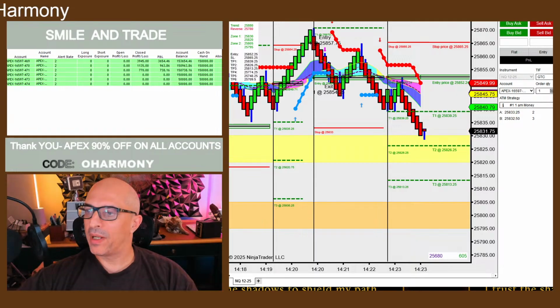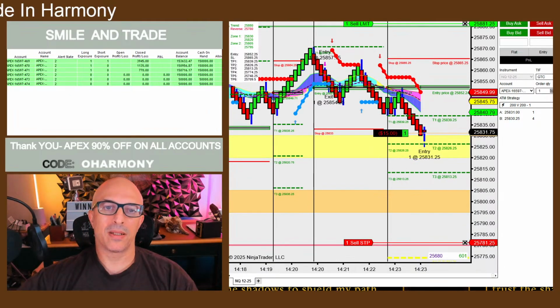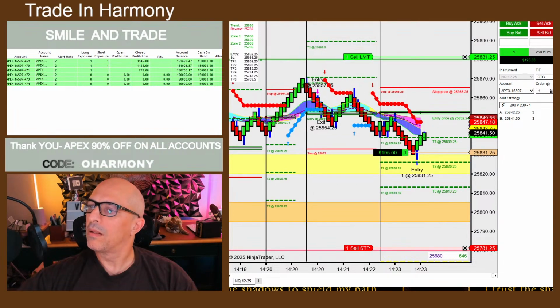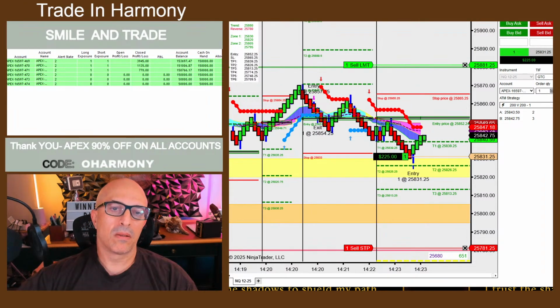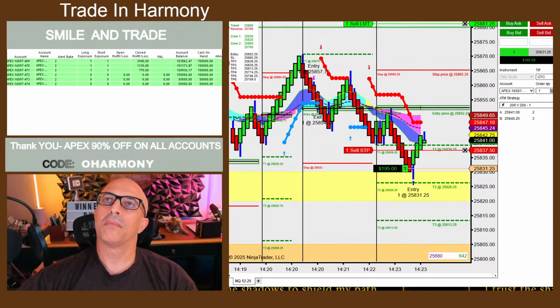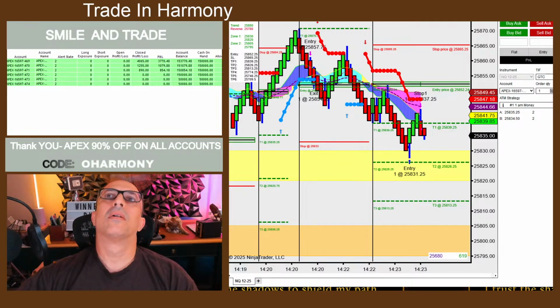I'm going to look for an entry long. We're getting a pullback. I'll take it here and see what we can do. We should be going up above 40. And let it run. Well, it didn't run. That's fine.